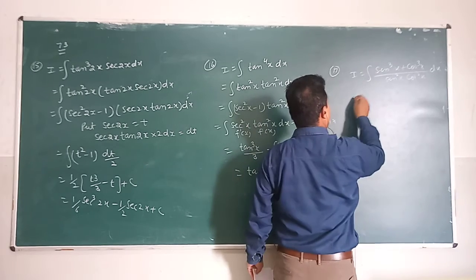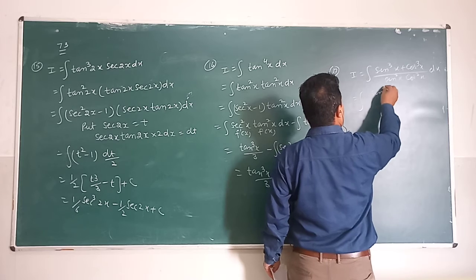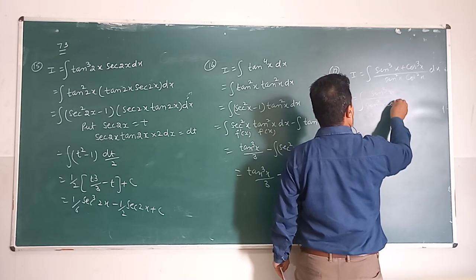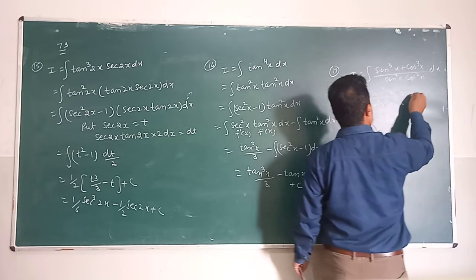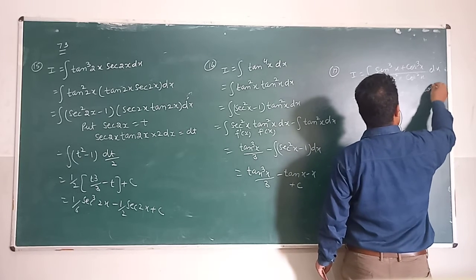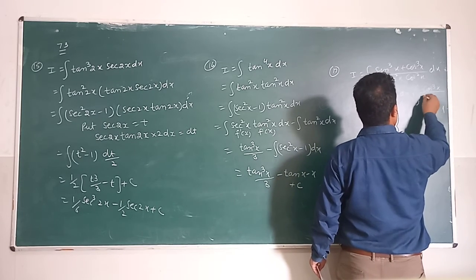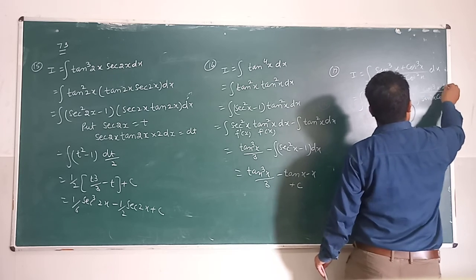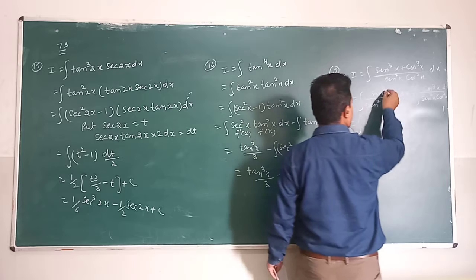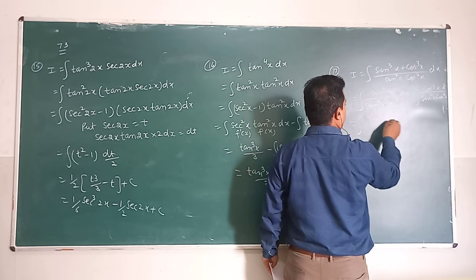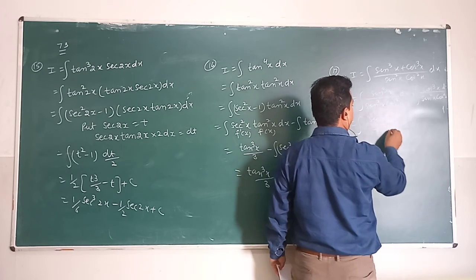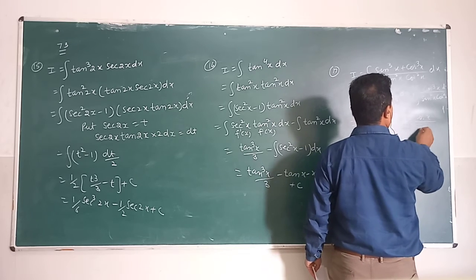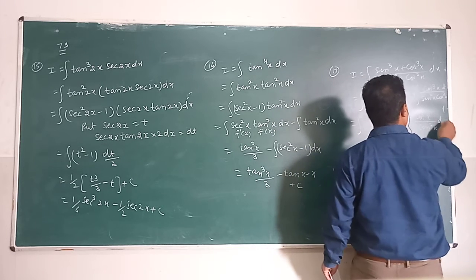In this, first we separate the terms: sin cube x upon sin square x into cos square x dx, then cos cube x upon sin square x into cos square x. So in this, one sin square x is cancelled. So it's sin x by cos square x. Here cos square is cancelled. This is cos x upon sin square x.